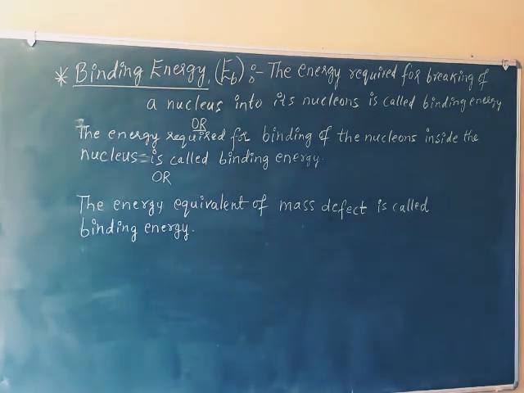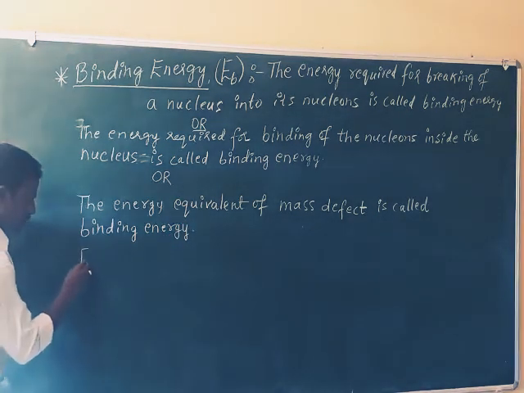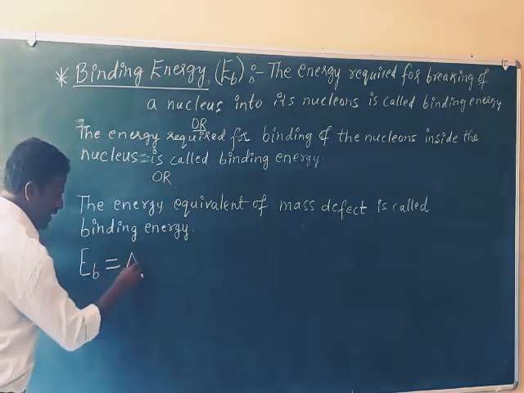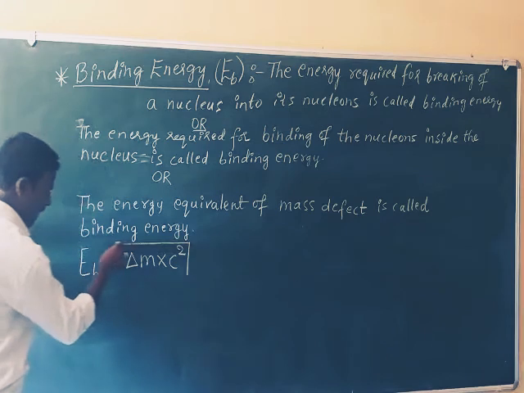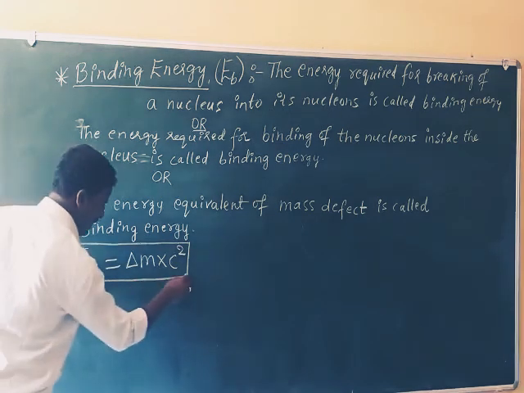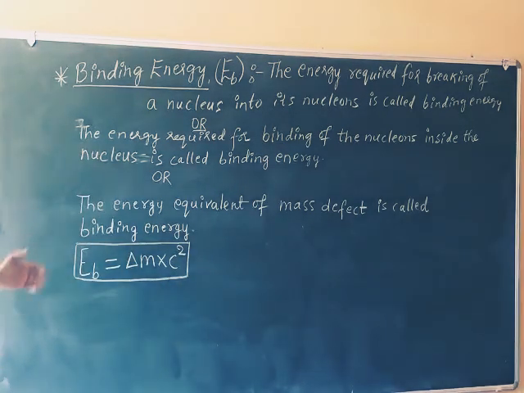The energy equivalent of mass defect, that is EB equals delta M into c square. This is the formula for binding energy.